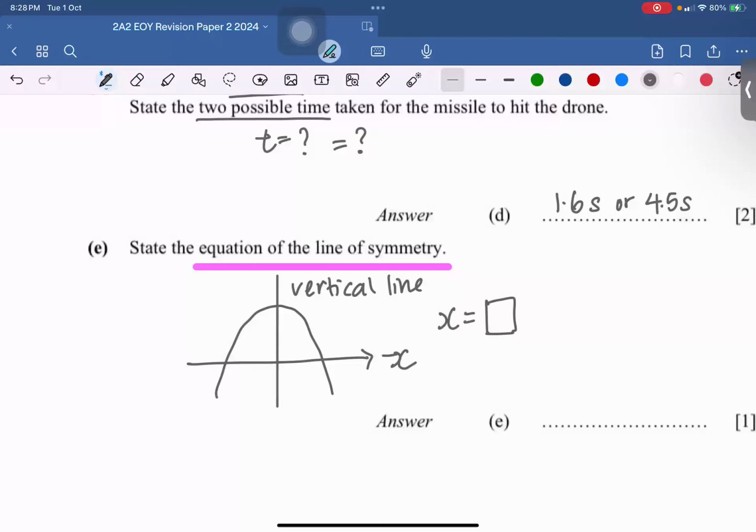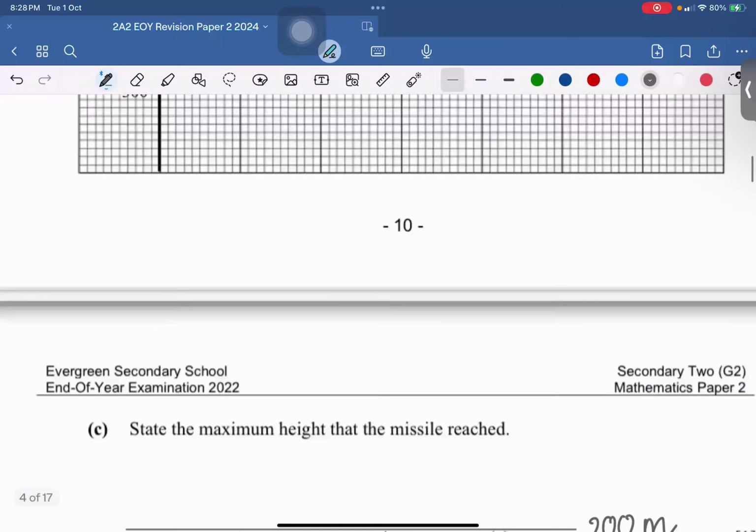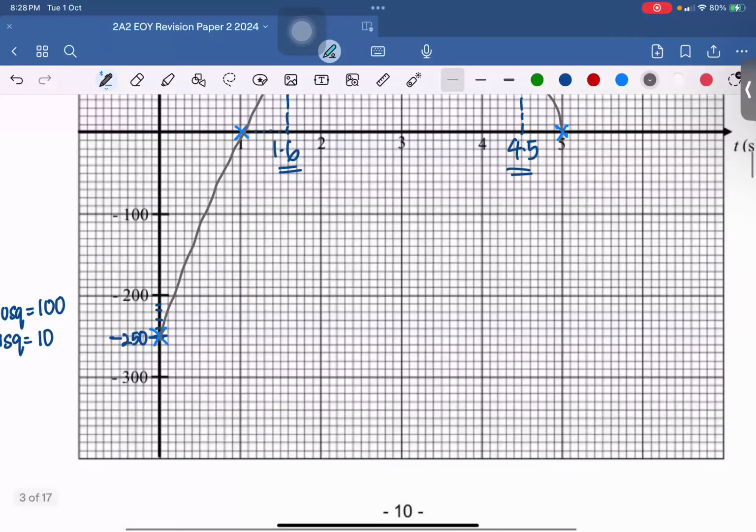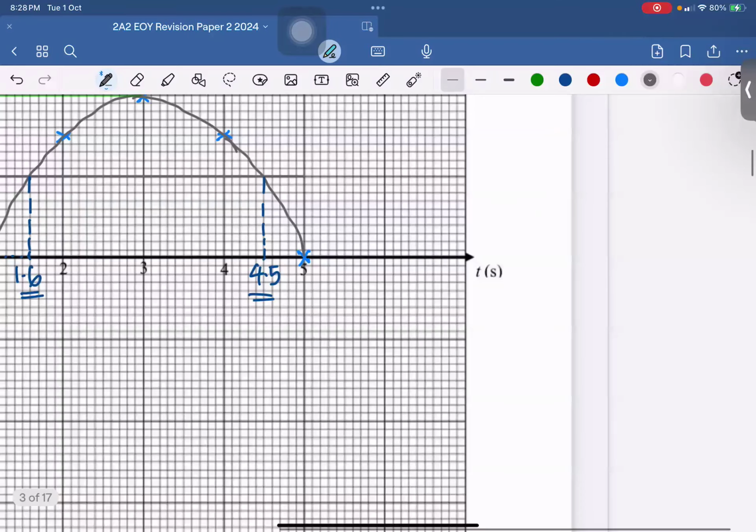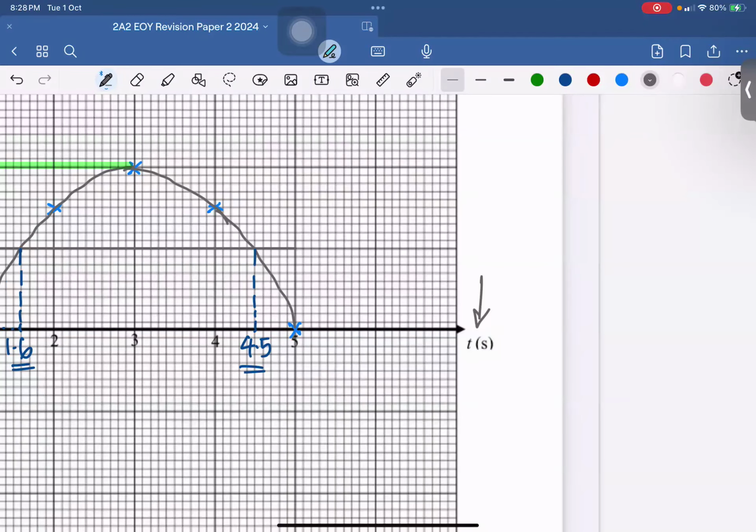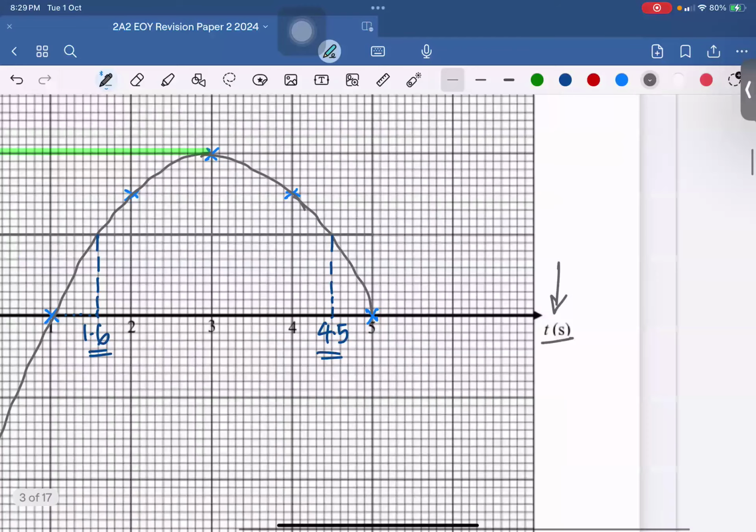But can you tell me, what is the letter on this axis now? Is it X? What's the letter here now? T. So am I going to write X equals to something? Derek says, I don't know. Observe. So am I going to write X equals to something? No, I'm going to put t equals to the number.